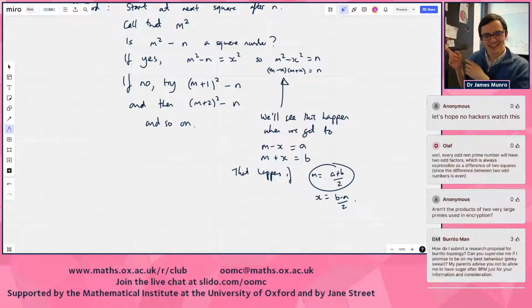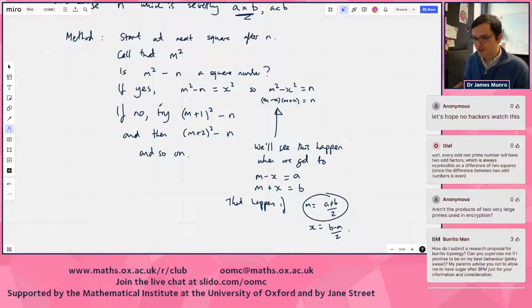I just don't like the case that it might have an even factor and an odd factor. But luckily for even numbers, we can divide them by 2 repeatedly until we get an odd number. So I think that needs to be at the start of my algorithm: first divide by 2 repeatedly until you're dealing with an odd number.